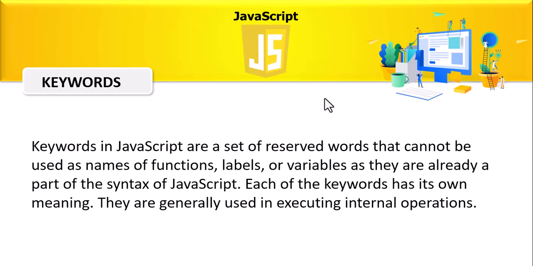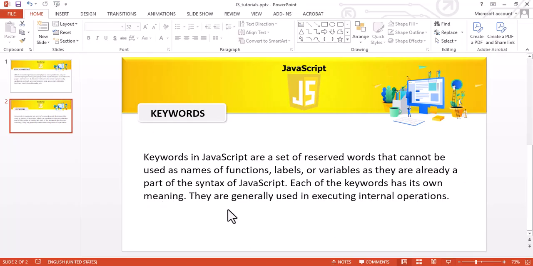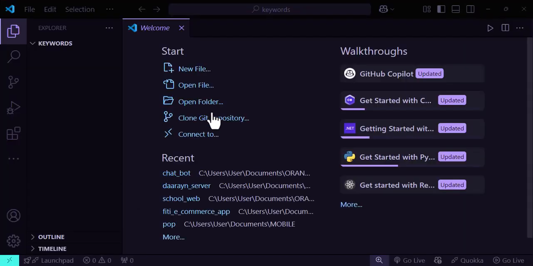So let's talk about some of these keywords in detail in JavaScript. I hope you have VS Code installed on your PC. I already have VS Code installed, and I have a folder which I have opened already. So try to create a folder and open the folder up here. Then the next thing is to create a JavaScript file.